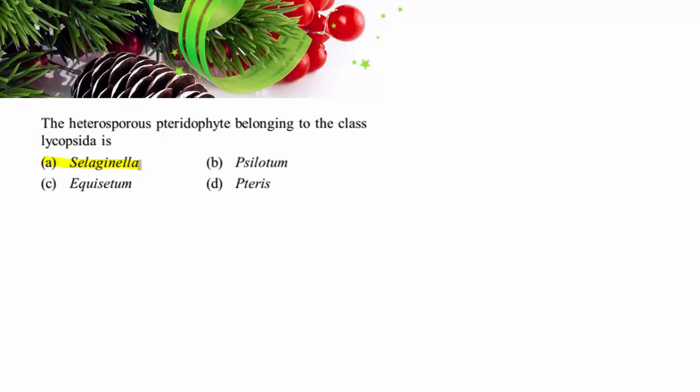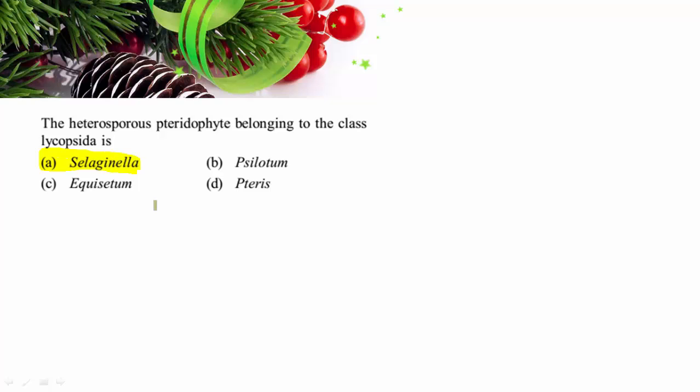In pteridophytes, one character is very common. If the stem is covered by only one type of leaves, the term is homophyllous. When the plant is homophyllous, it is homosporous, producing only one type of spores, and the example is Lycopodium.